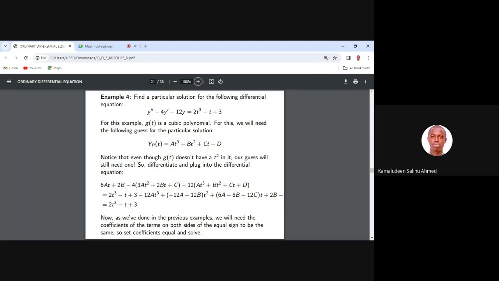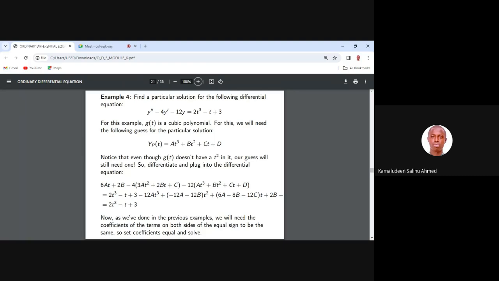I think the prerequisite for this on the coefficients, we need to revisit our partial equation very well. So when you're having the cubic, the guess is supposed to be this: A, the first constant, t cube, plus B t square, then the third one we carry C t, then the last one we carry the constant only. So you differentiate twice as we used to do.